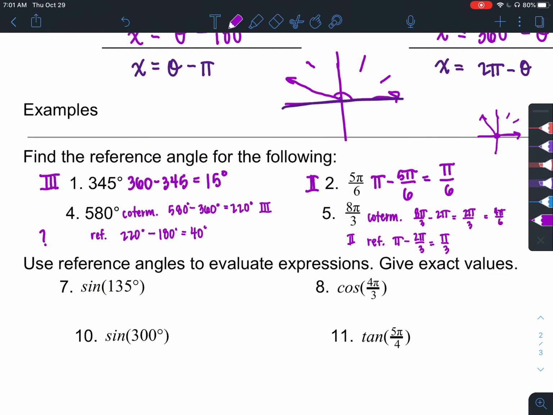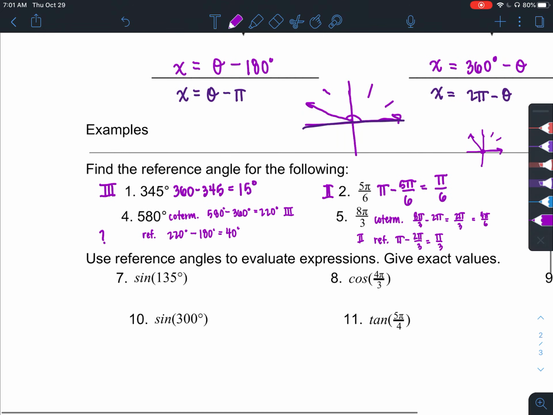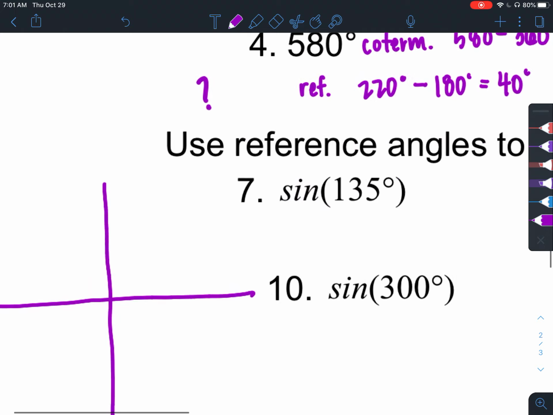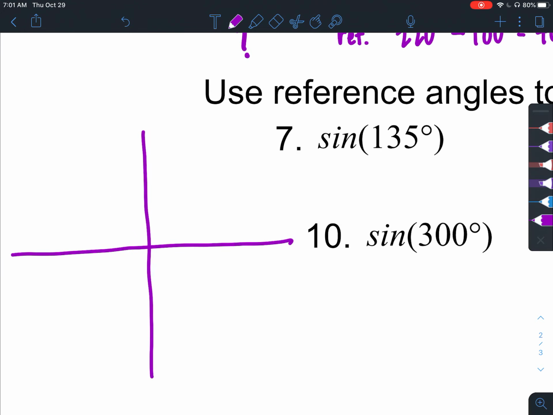Okay, so we're going to use reference angles to evaluate our expressions, and we're going to give exact values. Something I want to point out is, again, if we have this, it's going to be positive, positive.